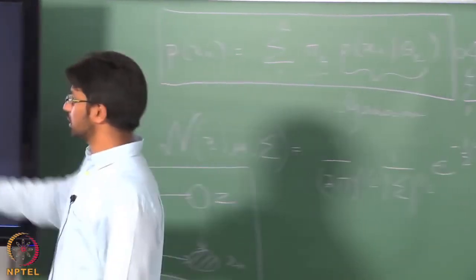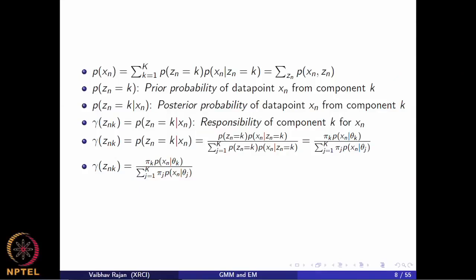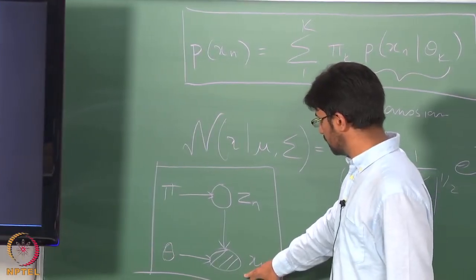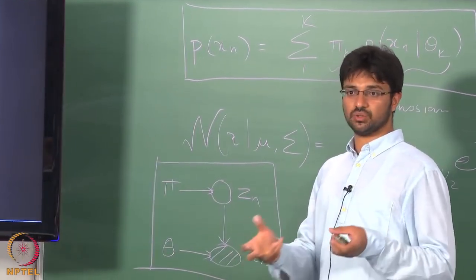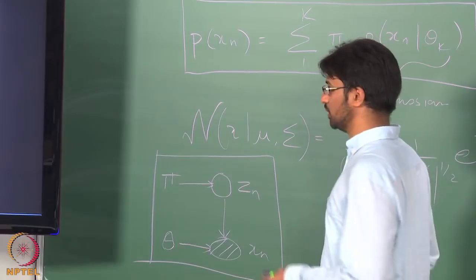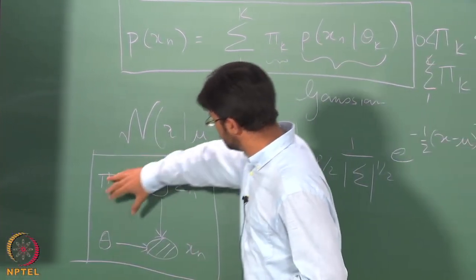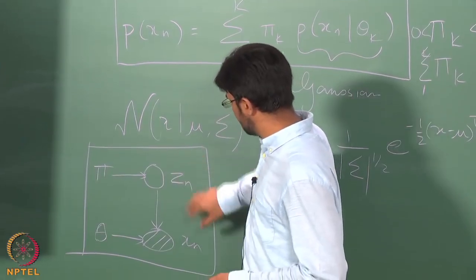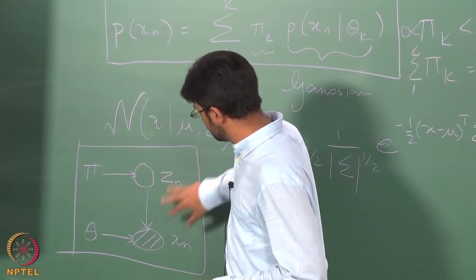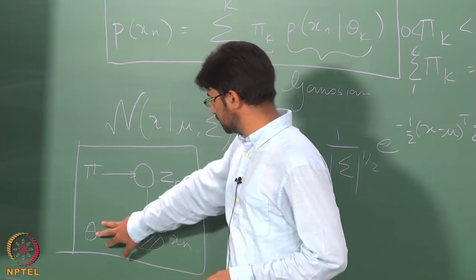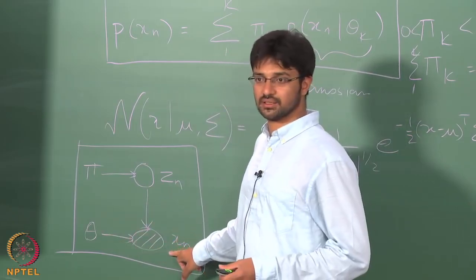When I talk about some formula like the probability of xn being equal to sigma k this probability times this probability, you can see that it is just the probability of xn being generated, and the generative model is usually easier to think with. The generative model would be that I choose the component, and then once I choose the component, I choose the corresponding parameters and generate this xn.